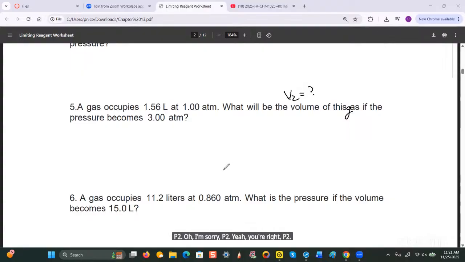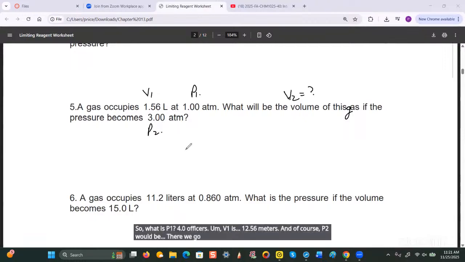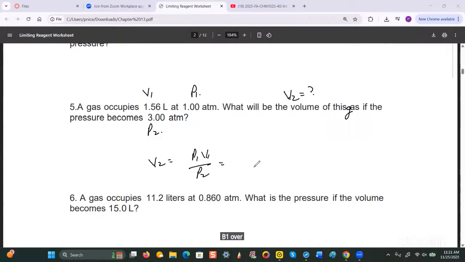So what is P1? 1.0 atmospheres, and V1 is 1.56 liters, and of course, P2 would be 3.00 atmospheres. Exactly. So we're trying to find V2, which is P1 V1 over P2, and then we plug the numbers in.